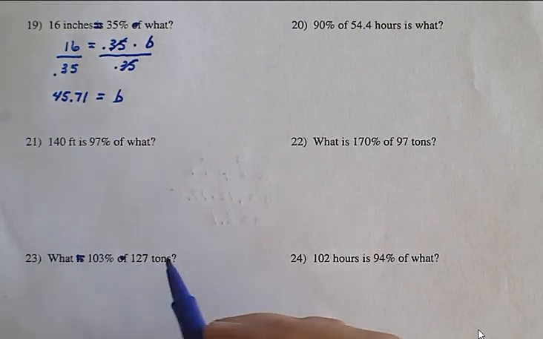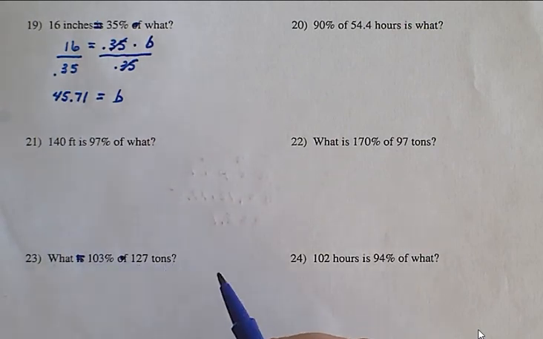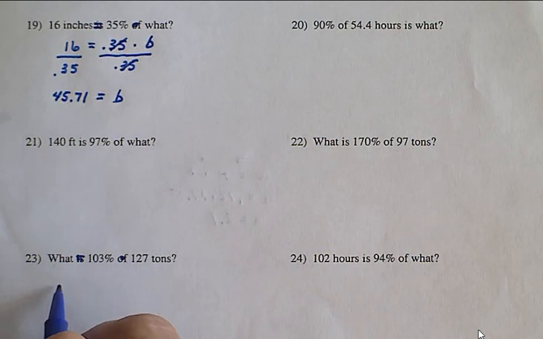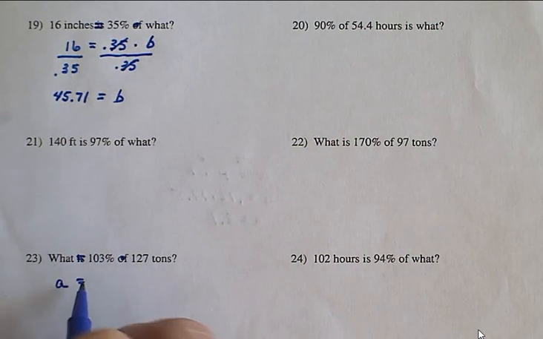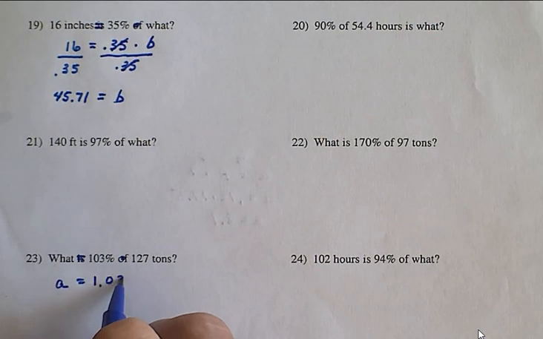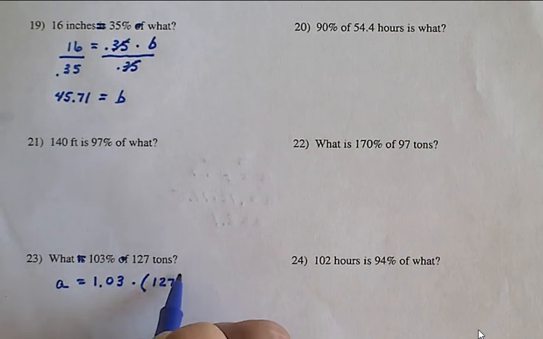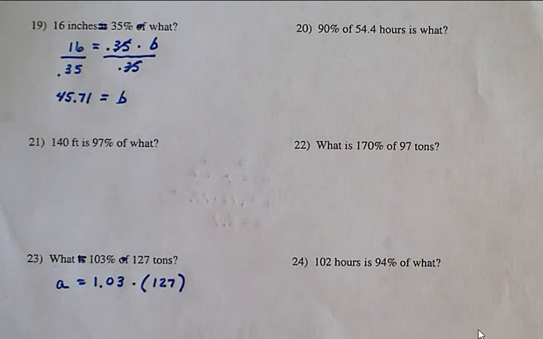In this example, I'm trying to find the amount again. So the amount equals 103%, which is 1.03 as a decimal, times 127. Now, this is the only problem I've seen in these examples where your percent is bigger than 100%.